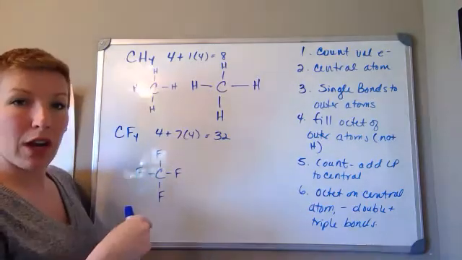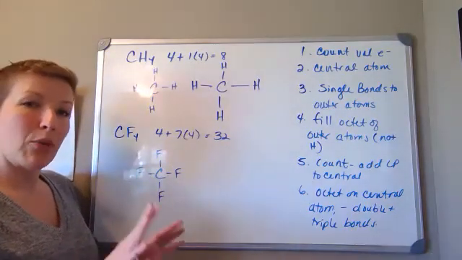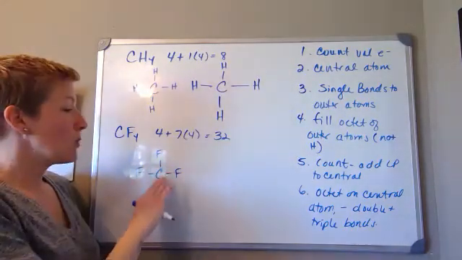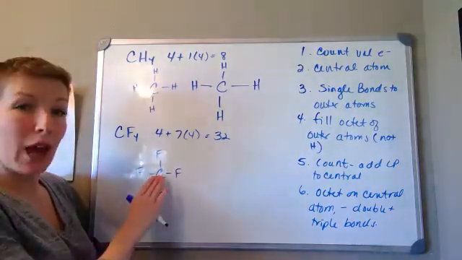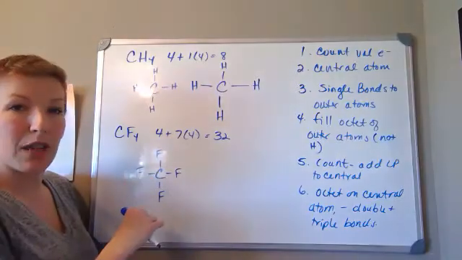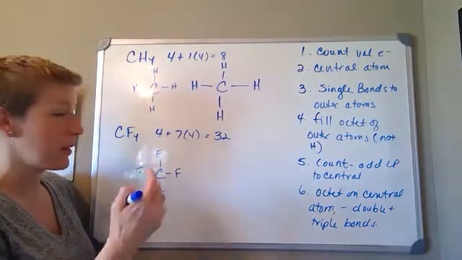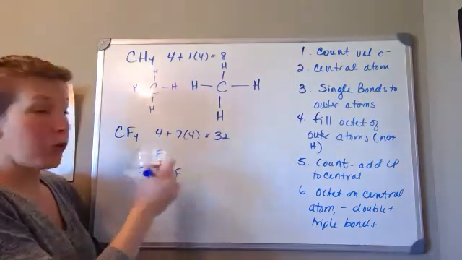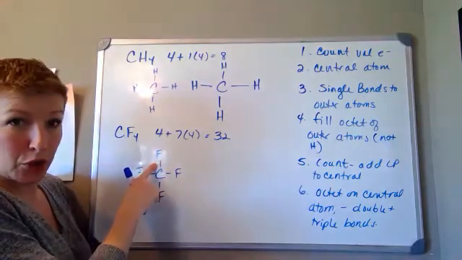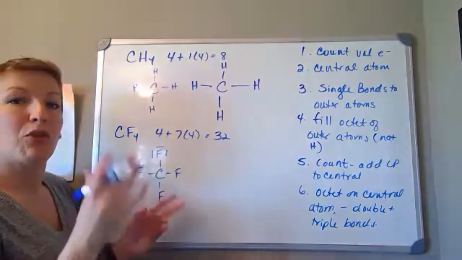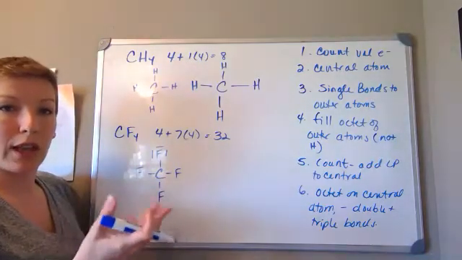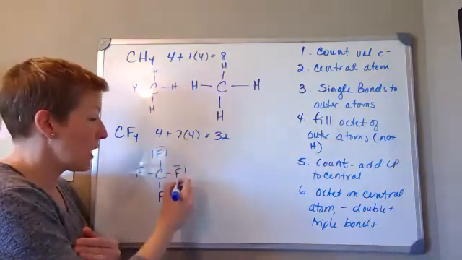Even though we are sharing them with carbon, when we count for an octet, we count them as if they're only for fluorine right now, and then when we count for carbon, we're going to pretend they're just for carbon, even though we are sharing them. So all you're doing for fluorine is you're saying, okay, we already have 2, 4, 6, 8. So we just fill it. So it has that full shell like a noble gas. And we're going to do that for each one of these.